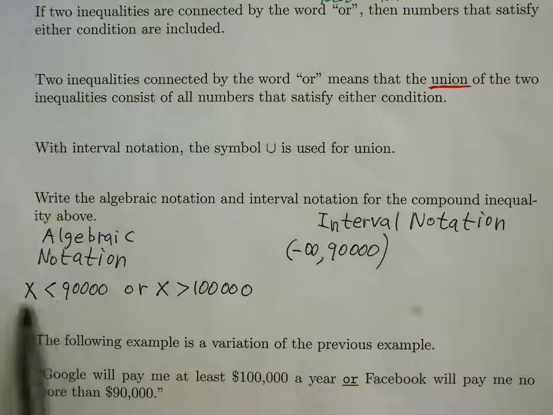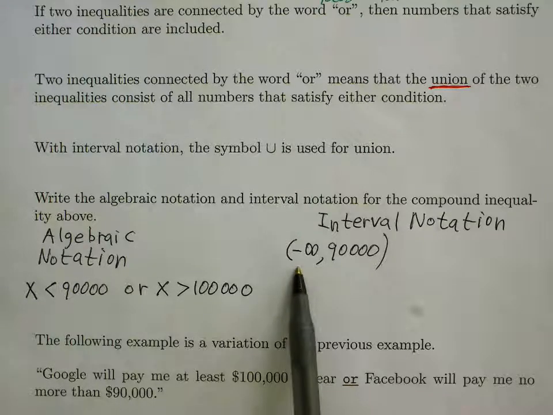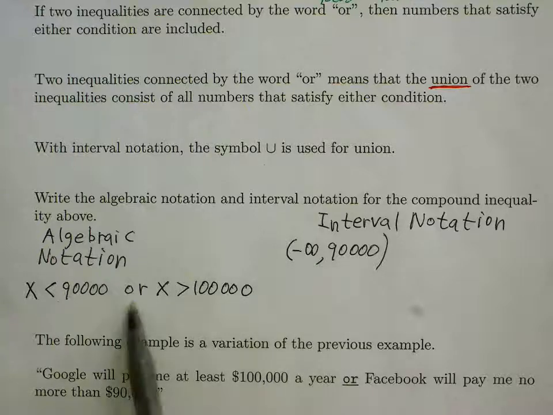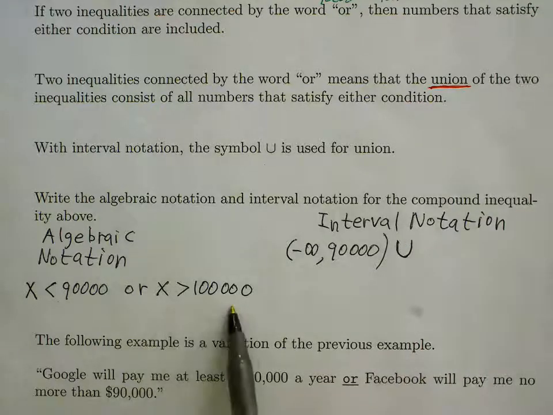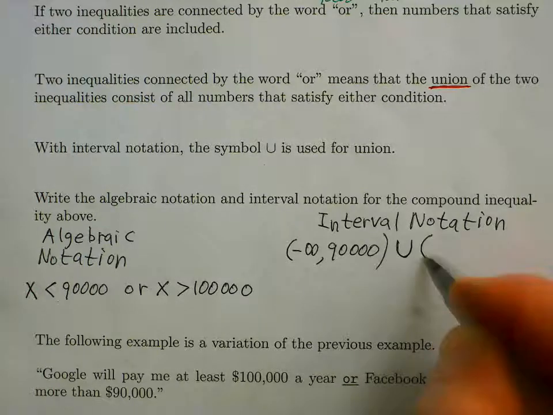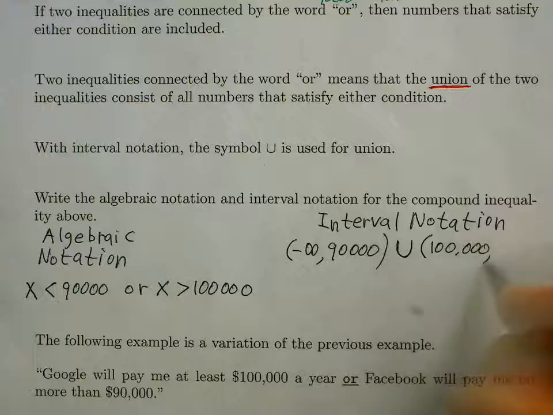So the interval notation for x less than 90,000 is parenthesis negative infinity, comma, 90,000. And then in place of the word or, we use the union symbol. And then x greater than 100,000, we put parenthesis 100,000, comma, infinity.